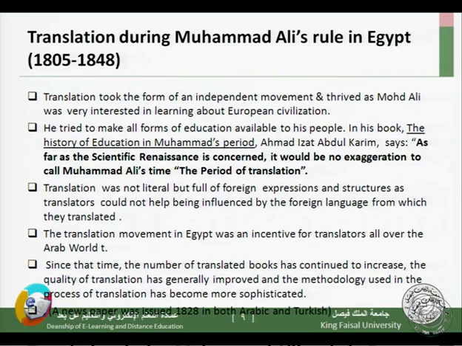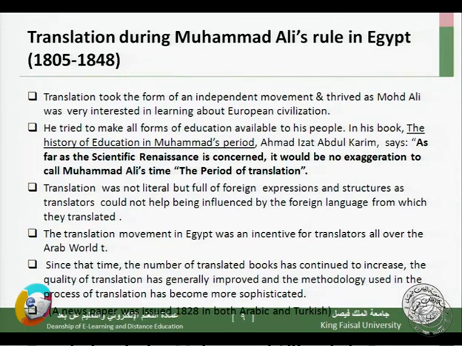It was mainly a translation oriented period, because he wanted to bring all science, art, philosophy from other nations to the Arab nations.